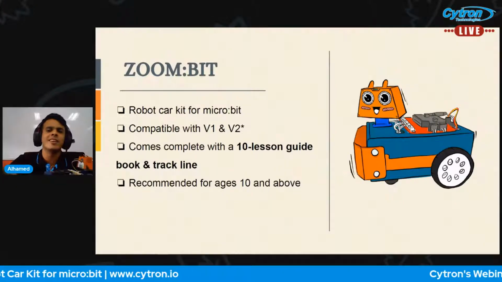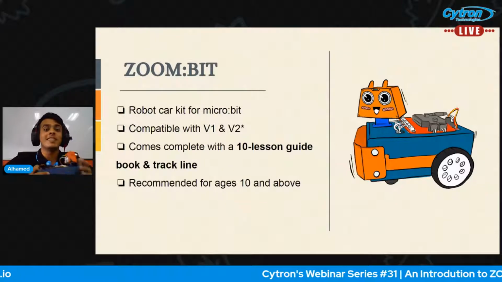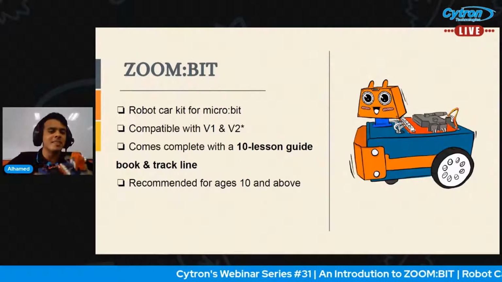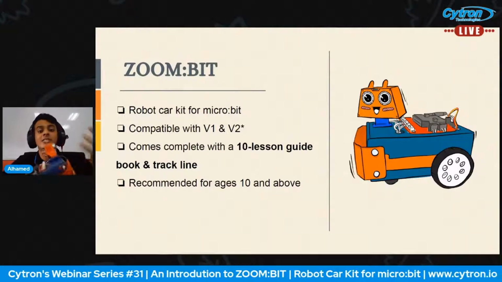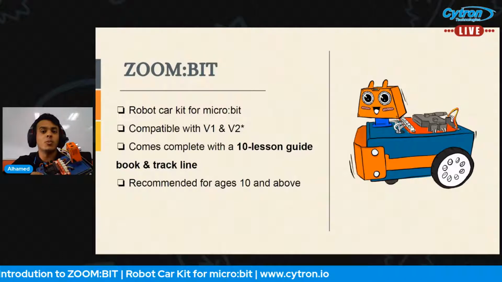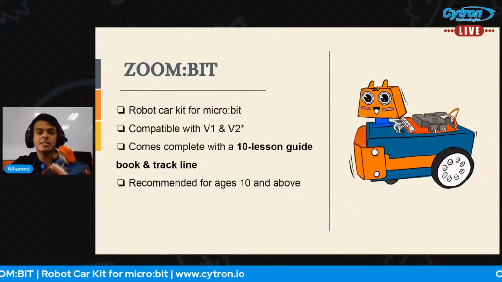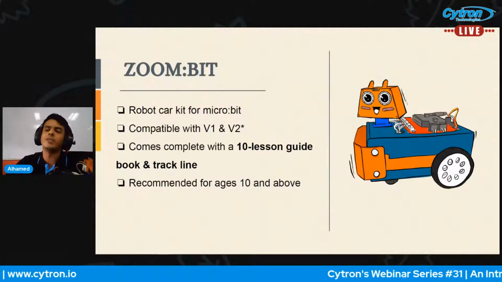It works just fine without any problems. And here is the best part: ZoomBit comes along with a complete 10-lesson guidebook and track line. This kit comes with a step-by-step building guide, written in simple language to help young kids follow along.